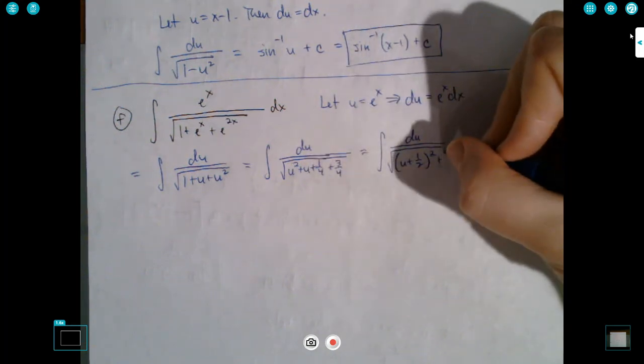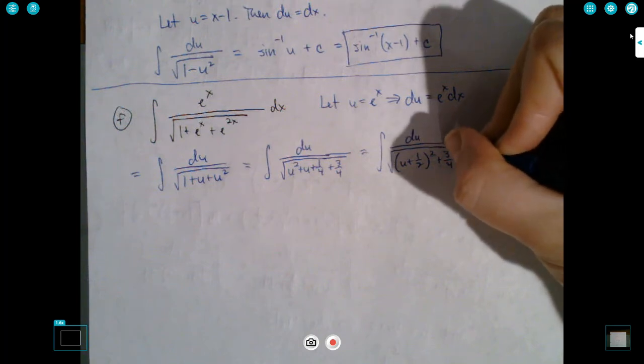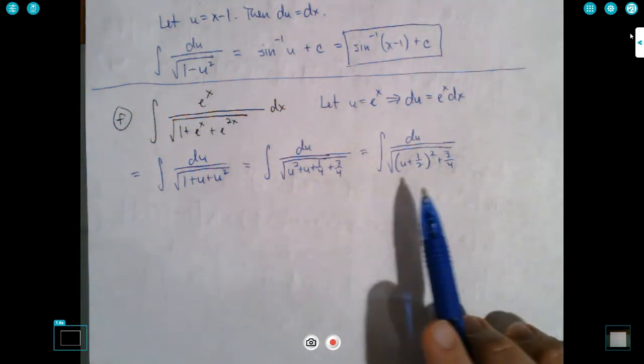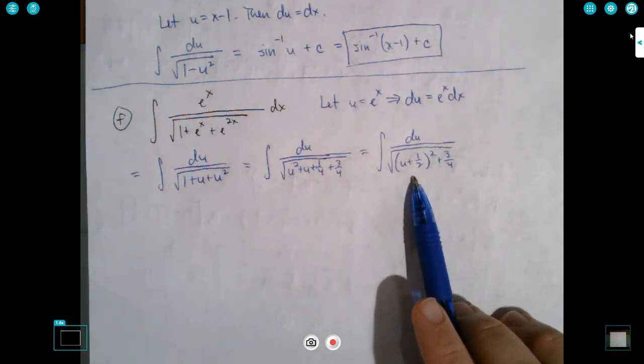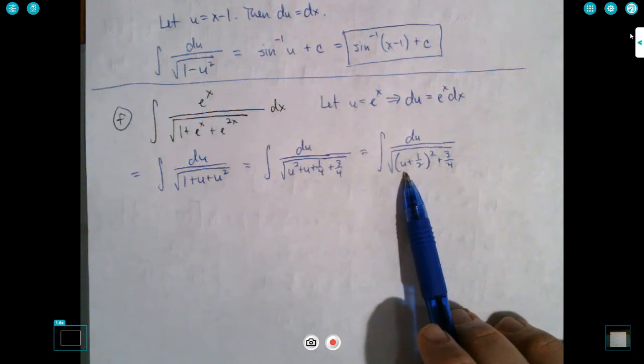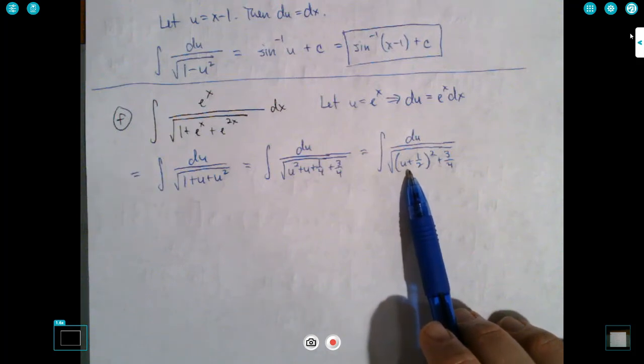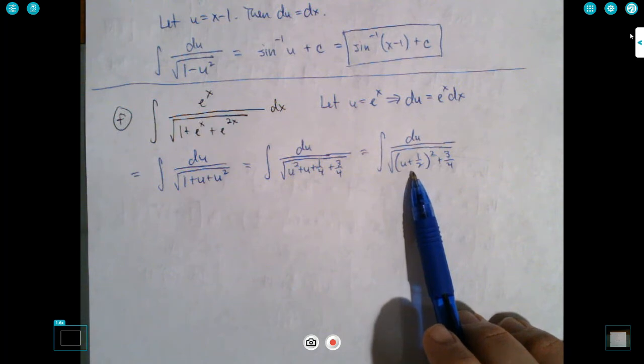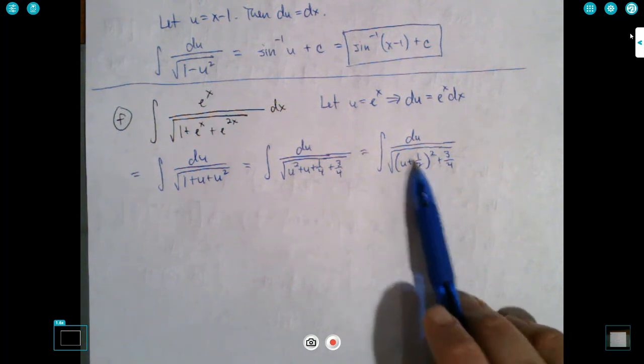And the 3/4 can still come along for the ride. Okay, so now I can do another substitution. I could say let w be u plus 1/2 or something, which might be nice. Or I think I could just do the trig sub as is. I could say, this is a tangent theta type thing.